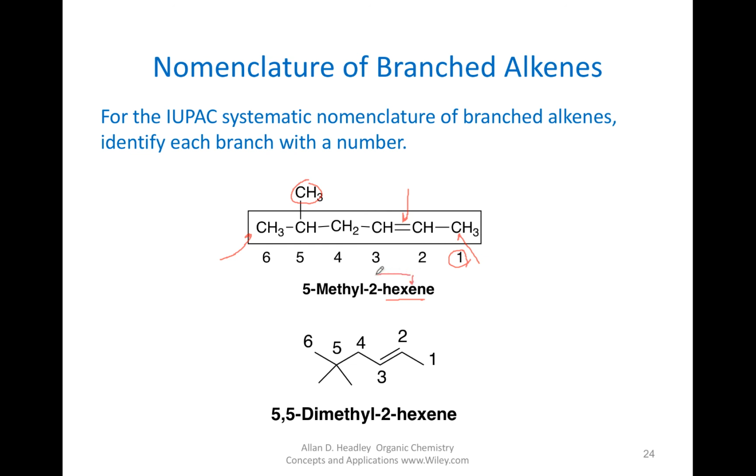We'll have to indicate the position of the ene. It's in position 2. Notice again we're separating the number from the letter with a hyphen. Since it has a branch, we'll have to indicate the position of the branch, and here it is. So with this systematic way of naming alkenes, you should be able to name any alkene. Here's another example.